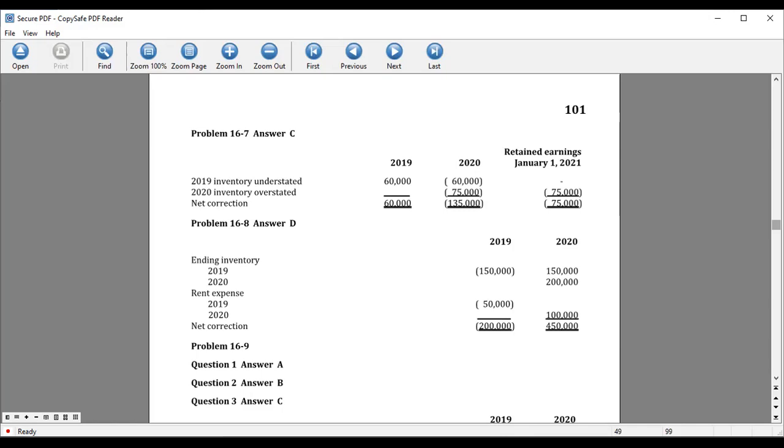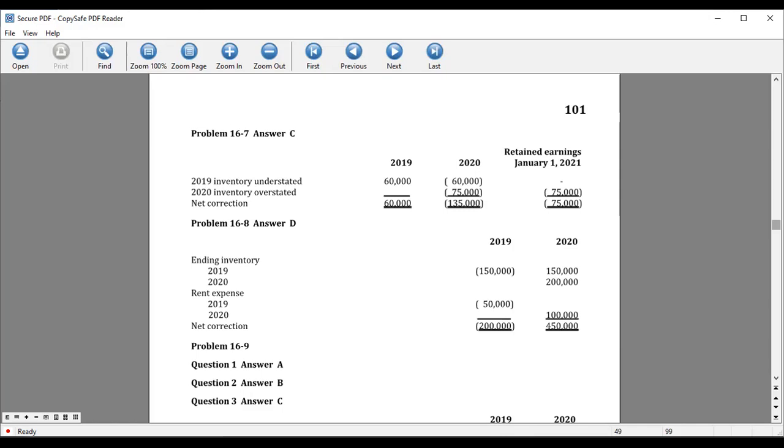Then the rent expense in 2019 was understated, so we have to deduct it back. In 2020, we have the amount of 100,000.